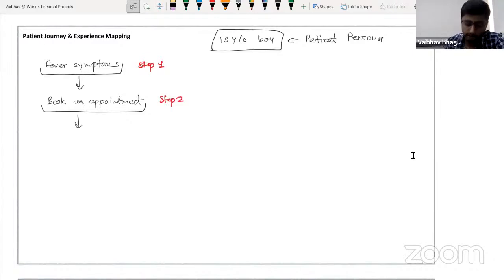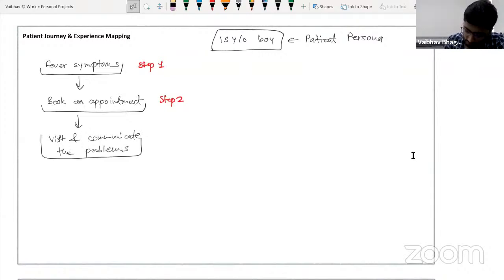And once he has got the appointment with the physician, he will visit and communicate the problems he is facing to the doctor, based upon which the physician or the doctor will recommend some medicines to the patient.